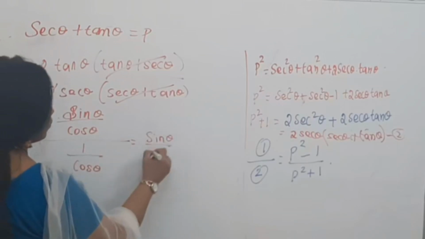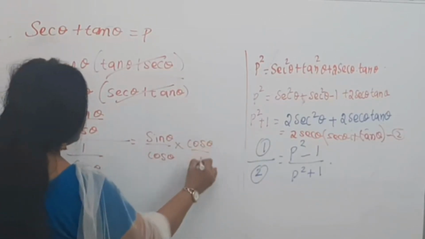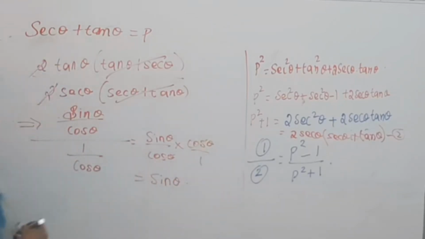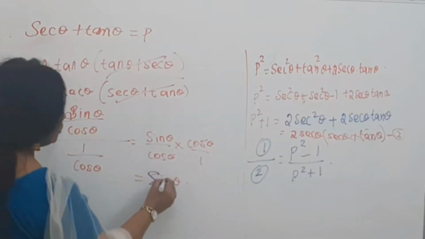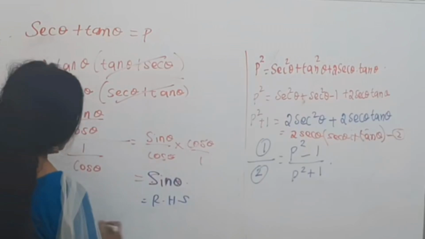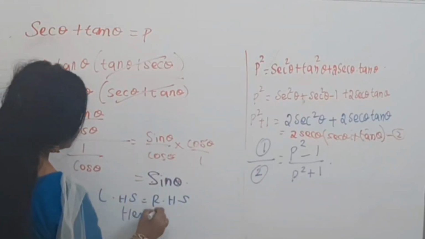Sine theta by cos theta into cos theta by 1. This gets cancelled. Your final answer is just sine theta. Hope everyone understood. So which is nothing but your RHS. Hence the proof. So LHS is equal to RHS. Hence proved.